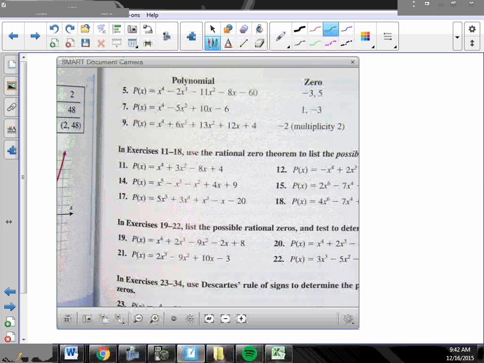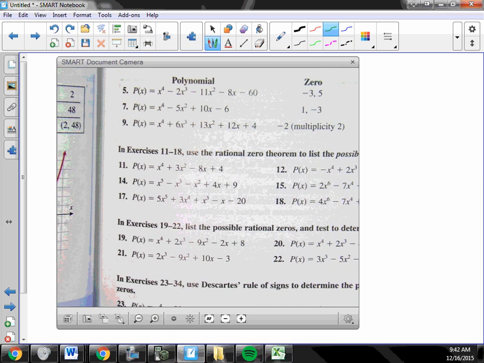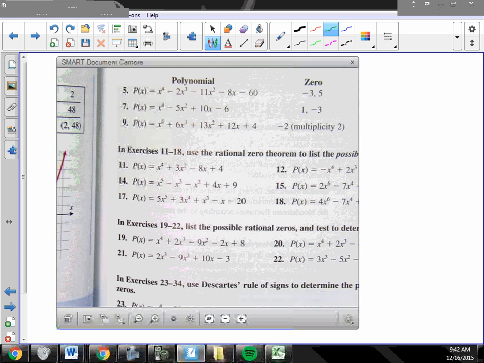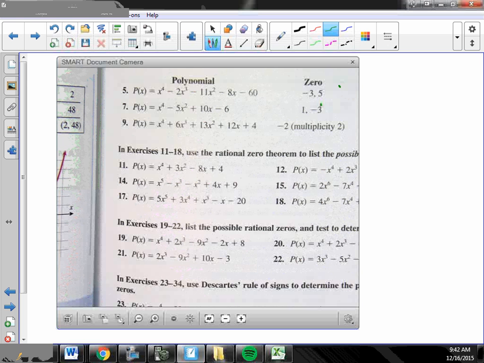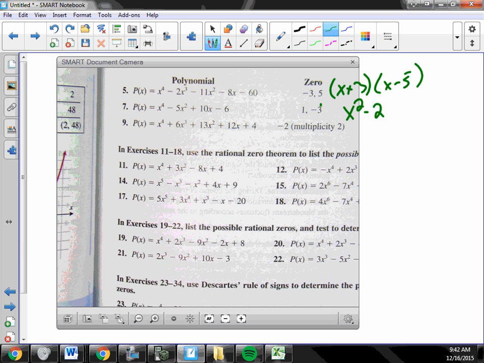Okay, and then what? So you're going to either divide twice using synthetic division, or you could combine these into a quadratic and do long division. So the factors are x plus 3 and x minus 5, and that turns into x squared minus 2x minus 15.